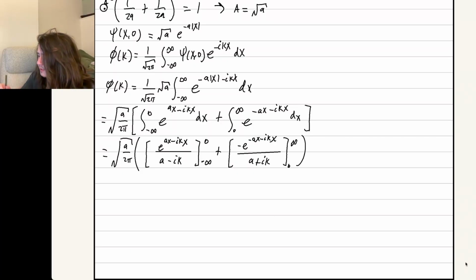We can just plug in those endpoints now. We just have root a over 2 pi, and then this is going to be 1 over a minus ik, and this is going to be 1 over a plus ik, which we can simplify a bit.